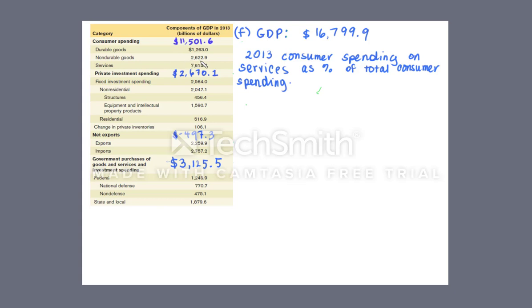And so the question that we're asking is: 7,615.7 billion is what percent of 11,501.6? I'm going to go through this methodically in case there are any of you who don't know how to do this calculation.